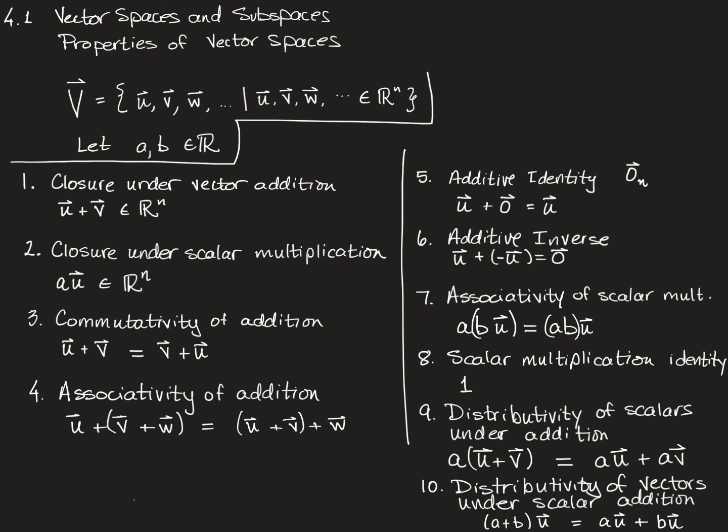So I've reversed the words here: the distributivity of vectors under scalar addition. Here what I'm doing is adding two vectors together and then scaling the result. Here what I'm doing is adding two scalars together and applying them to the vector.